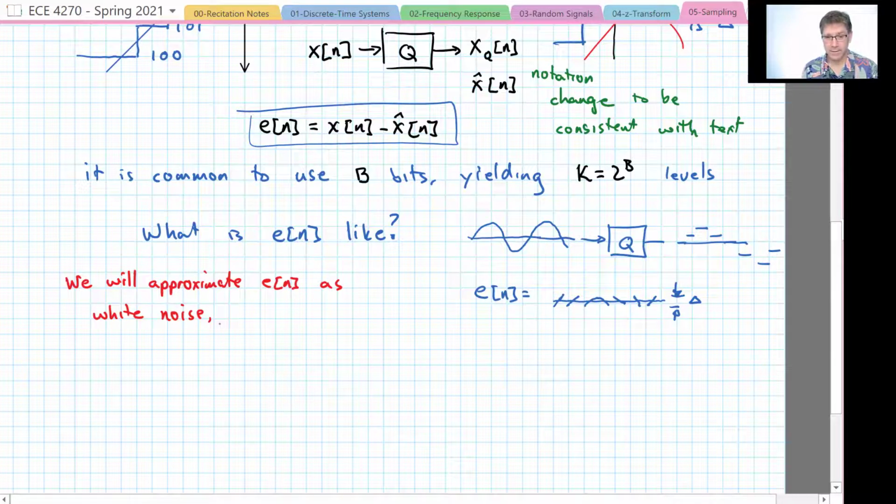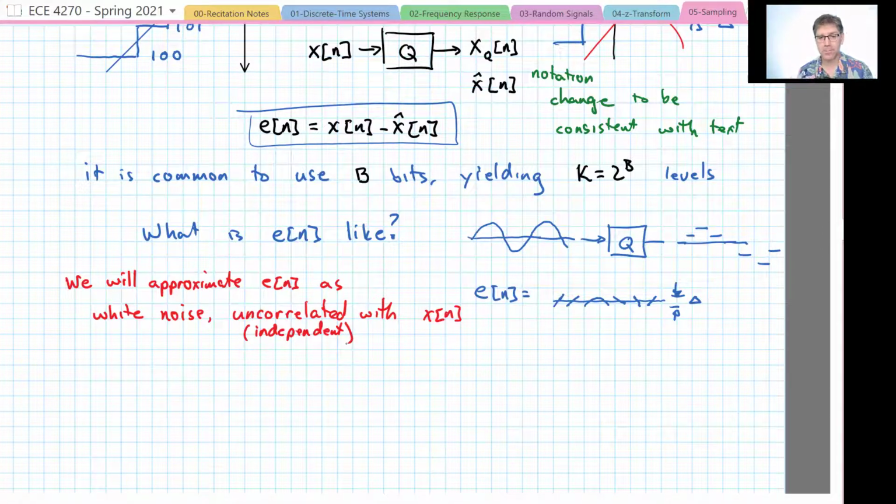And if that's not enough, we're going to assume that it is uncorrelated with x of n. And actually, we're often going to go further and just assume that it's plain independent of x of n.